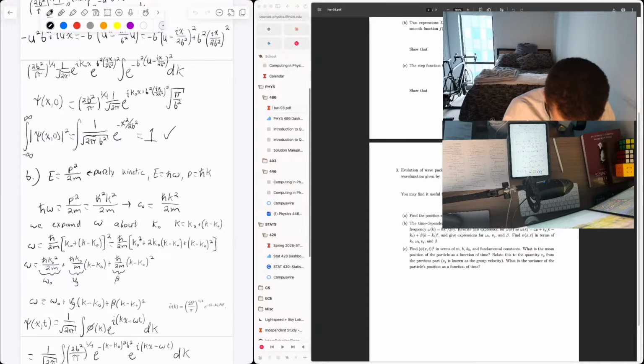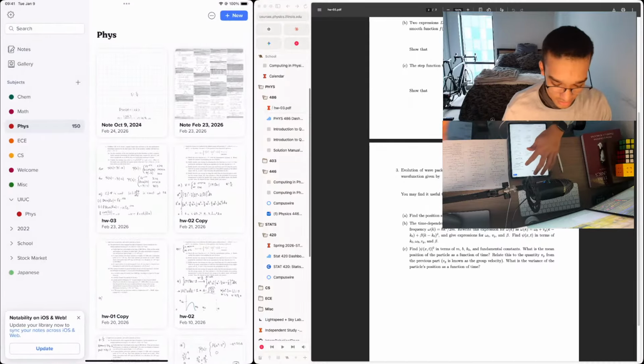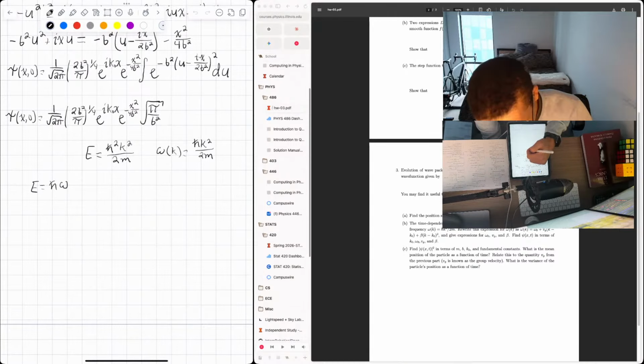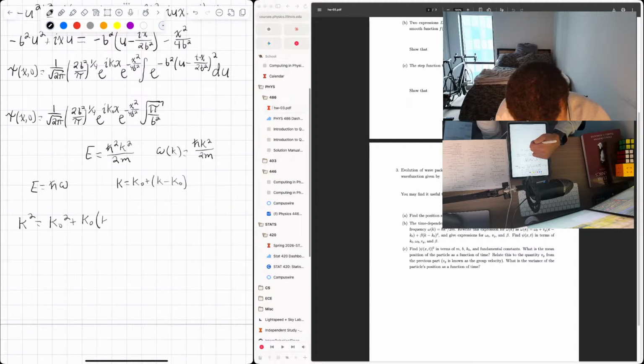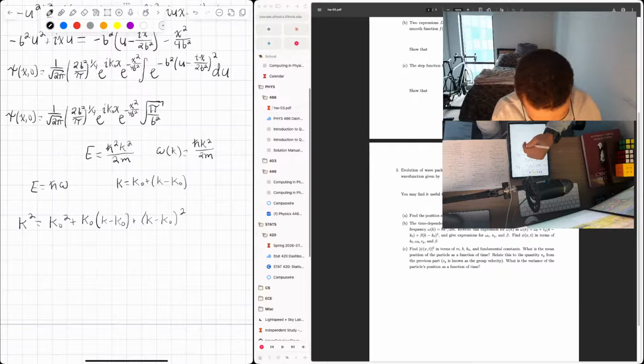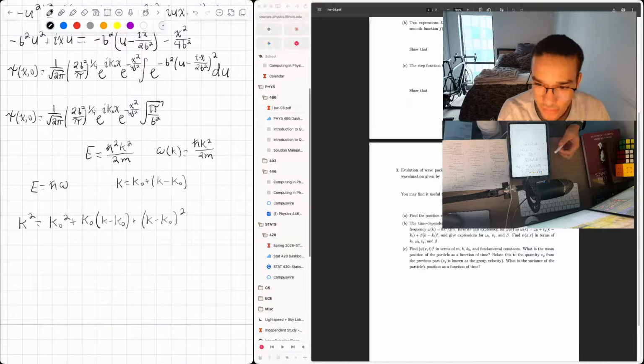I literally just squared it. Yeah, right? That's all I need to write on my equation sheet is this equation. K equals k naught plus k minus k naught. And then we just take this squared. It's going to equal k naught squared plus k naught outside of k minus k naught, plus k minus k naught squared. You have both terms in their cross term. Okay.